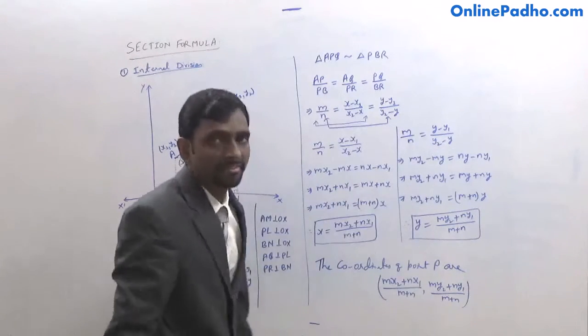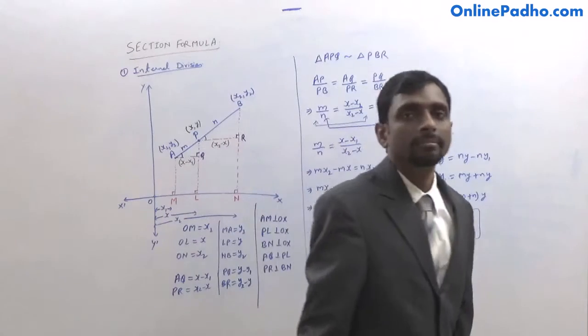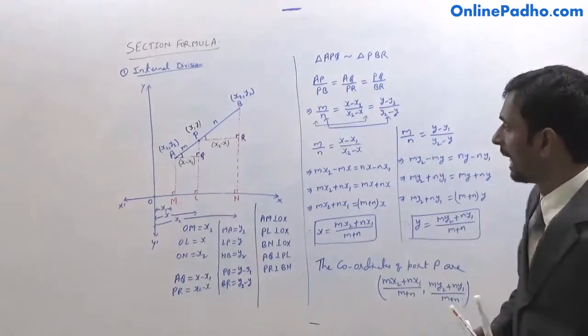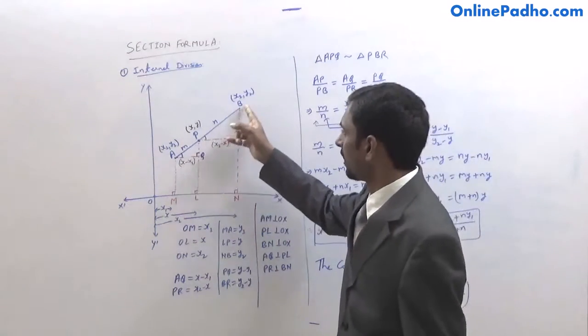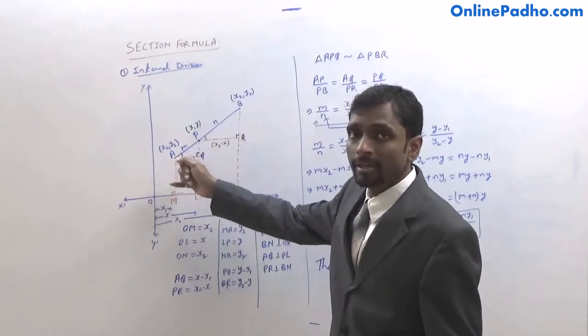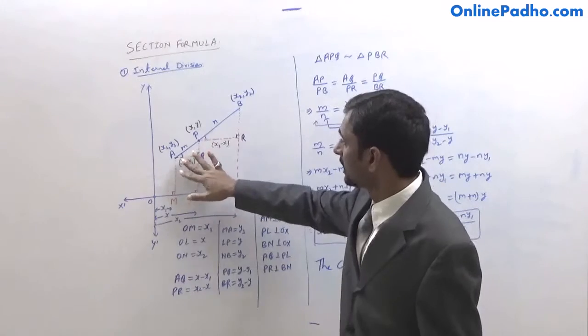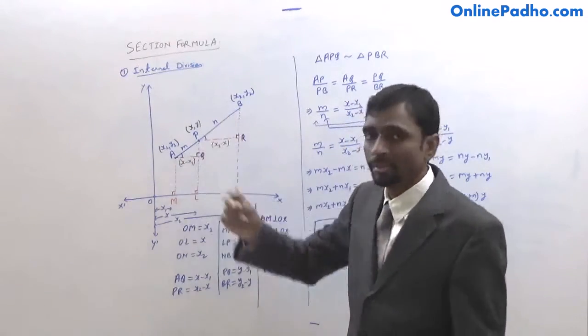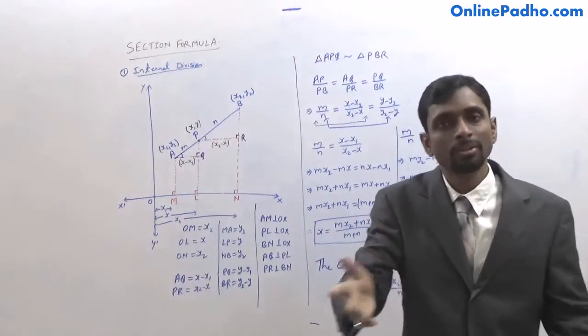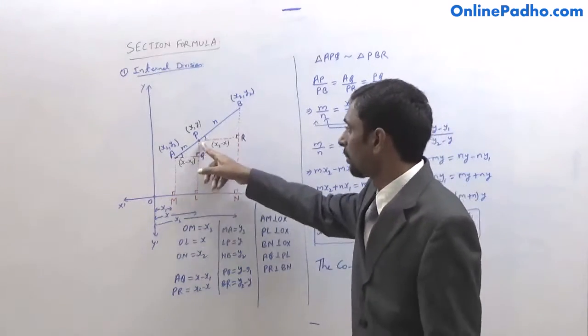This is called the section formula. If two points are given to draw a line segment, take any point P in between which divides this line segment into some ratio like 2:3, 3:1, or 1:2. You can find the coordinates of point P.